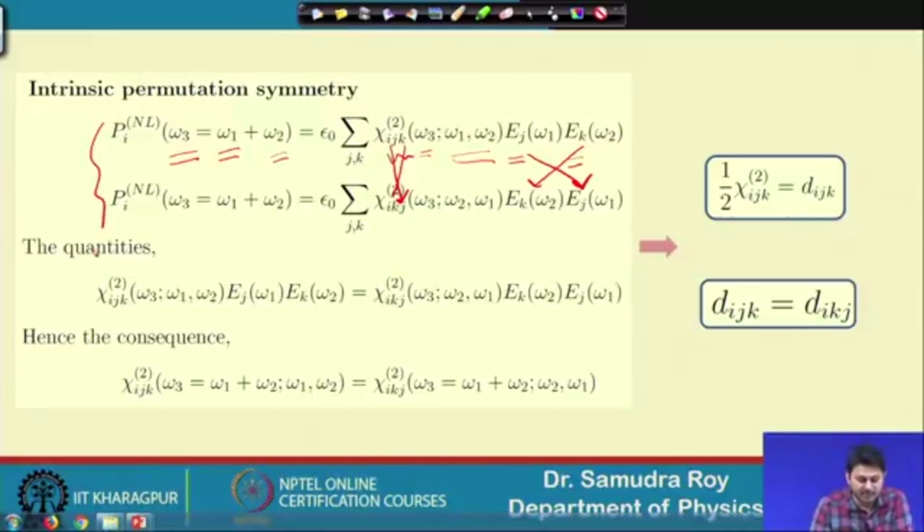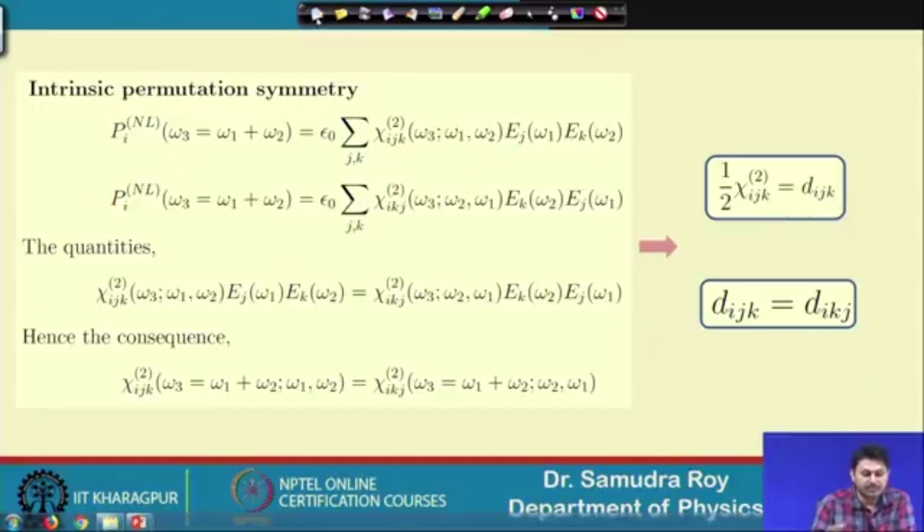So, that means the susceptibility ijk and the susceptibility ikj, in both cases I will have the same. If this is equal to this, then we can readily say that the susceptibility ijk and the susceptibility ikj are the same.